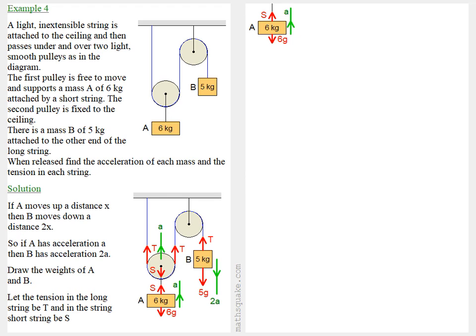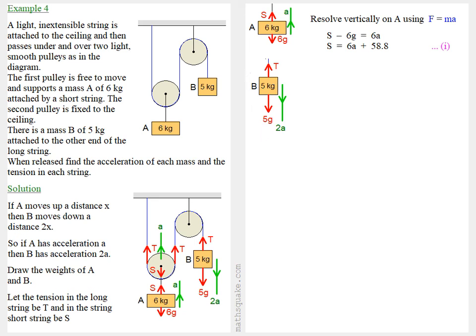Let's first consider mass A. If we resolve vertically using F equals ma, we get S minus 6g equals 6a. But 6g is 6 times 9.8, which is 58.8. So we get S equals 6a plus 58.8. Call that equation 1.